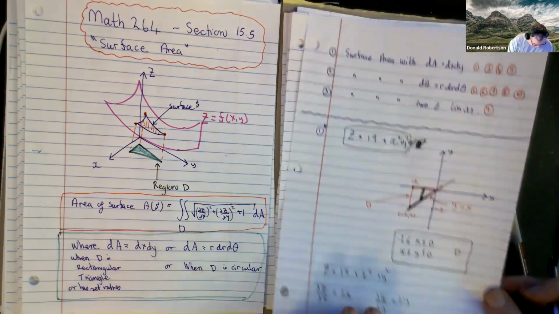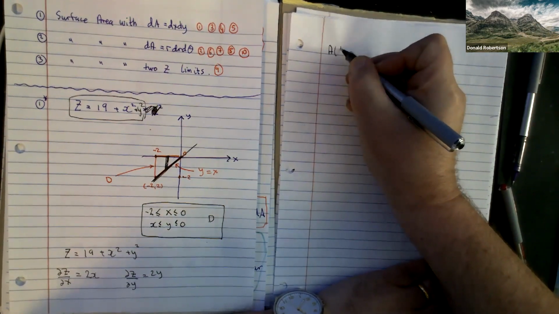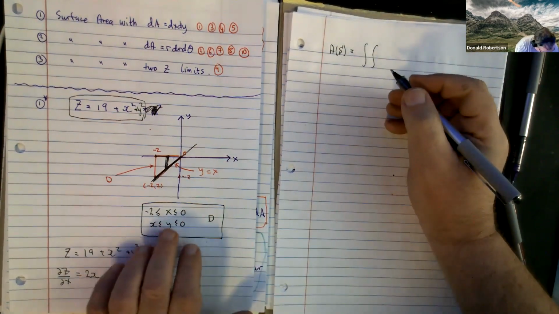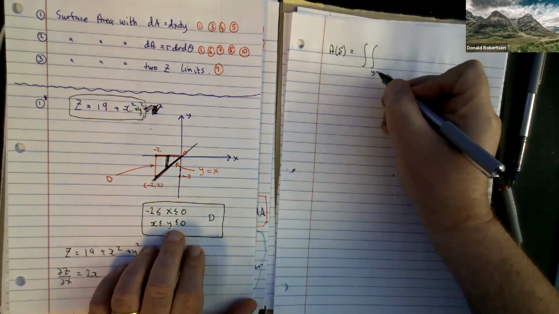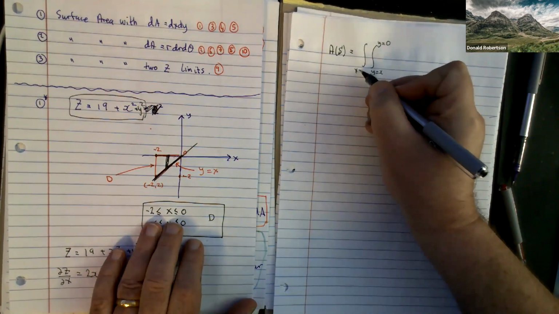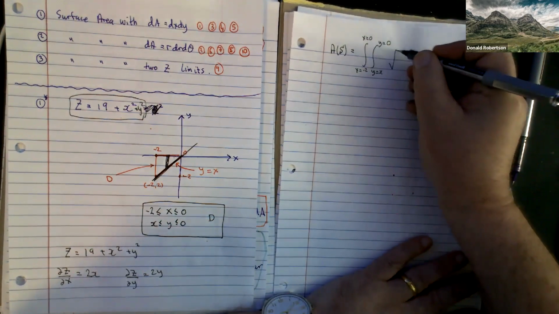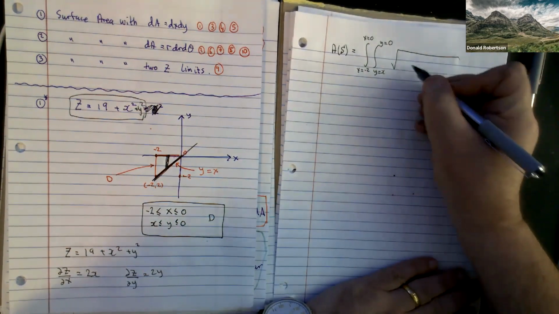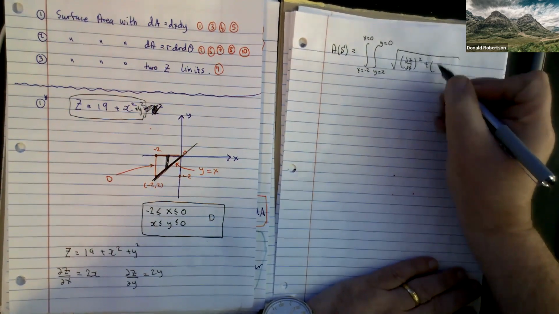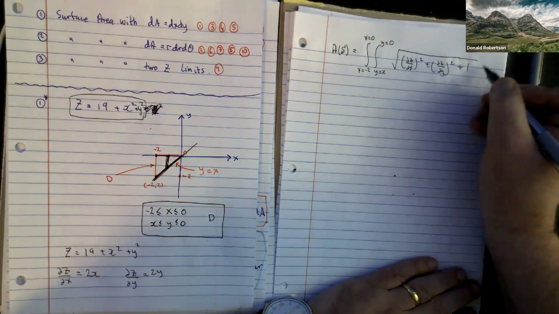And the equation that we're going to be using, I'll do it on this page here now, it's going to be the area of the surface is the integral from y equals x to y equals 0, x equals -2 to x equals 0, the square root of dz by dx squared plus dz by dy squared plus 1.